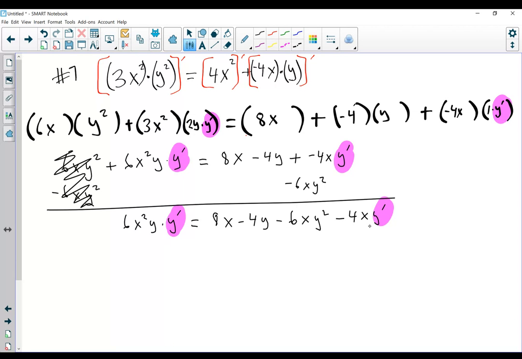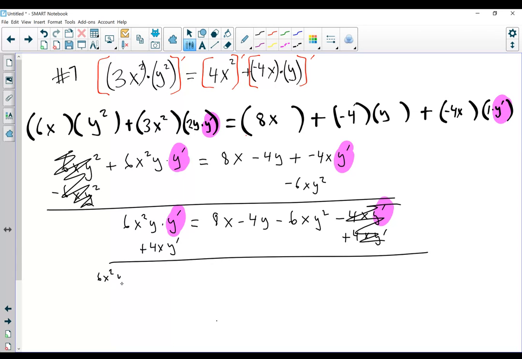Now I have to get this expression with its other y prime. So I'm going to add 4x y prime to each side. These add up to 0. These will become 6x squared y prime plus 4x y prime equals 8x minus 4y minus 6xy squared.